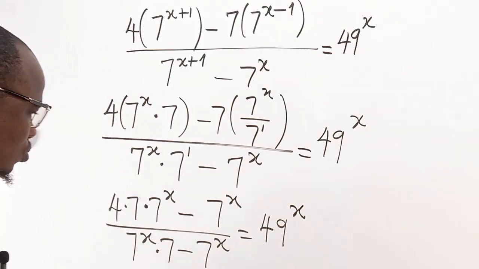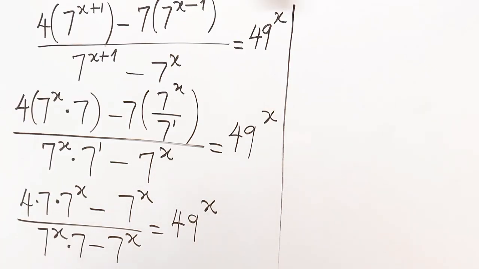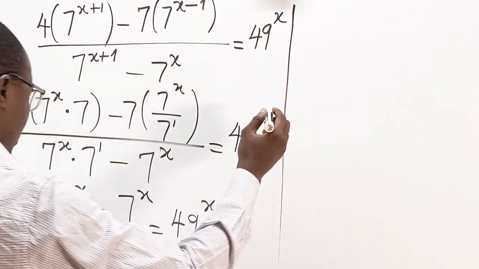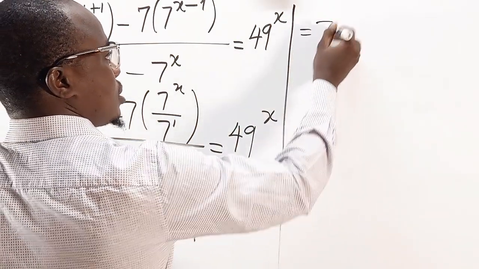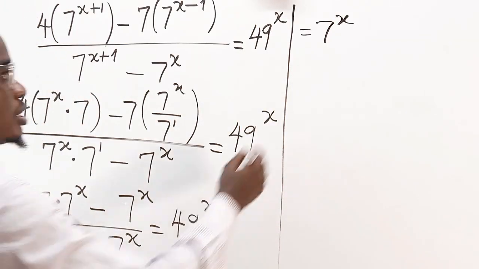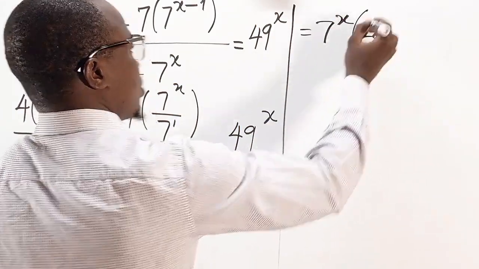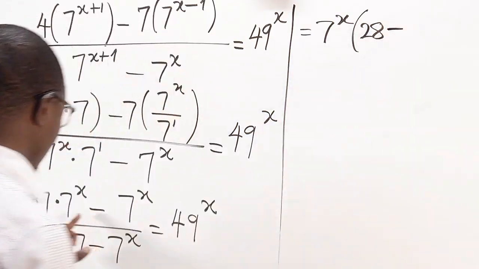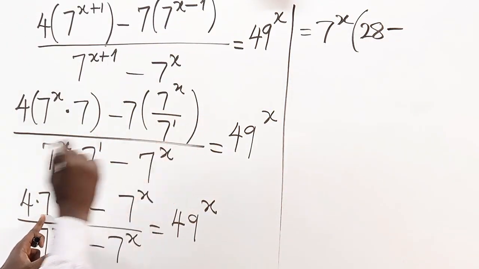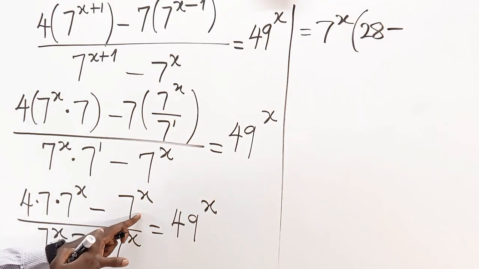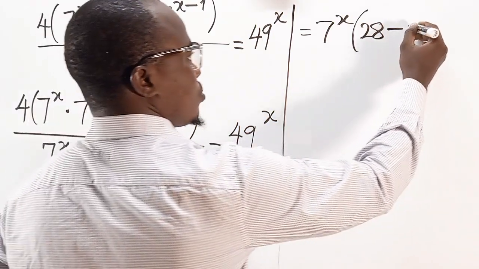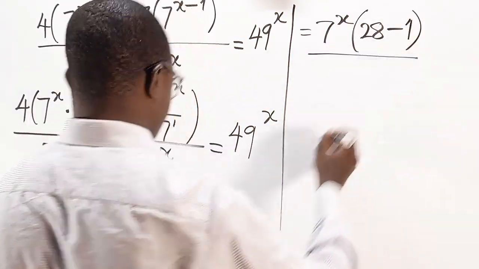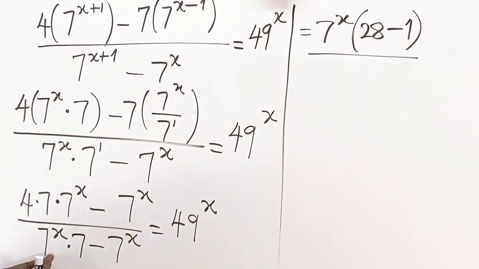Now the next thing we're going to do here, 7 to the power of x into 28, because 4 times 7 will give us 28, then minus, if you factor out 7 to the power of x, this will remain 1. So we have 1 divided by, look at this place, 7 to the power of x.